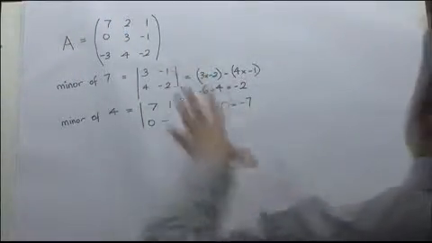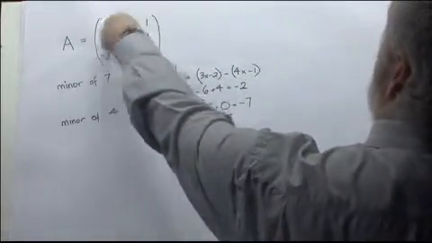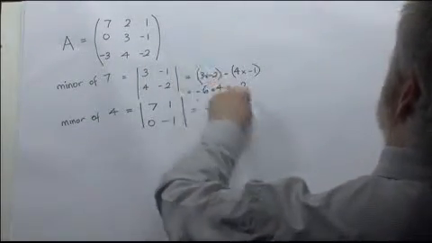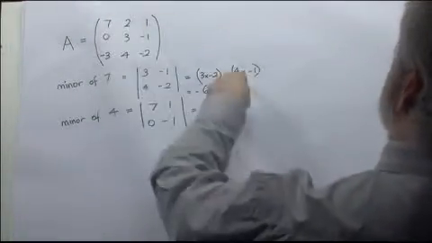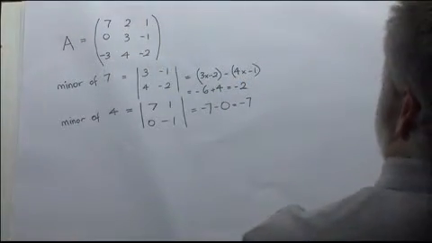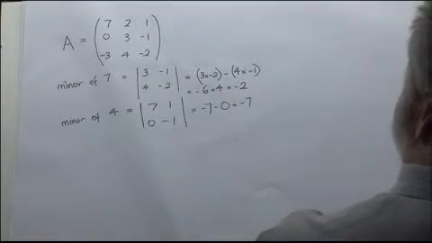Now we could, but I'm not going to now, work out the minor of every single element in our matrix A, and we'd get a value of the minor. So we get 9 values, 1 for each element of the matrix A. Now I hope you can see what the process is to work those out.